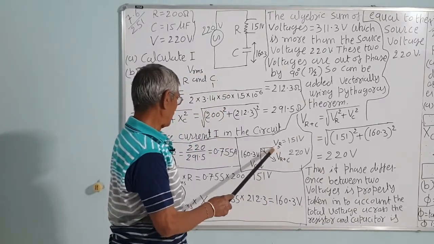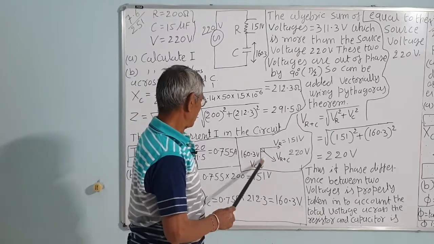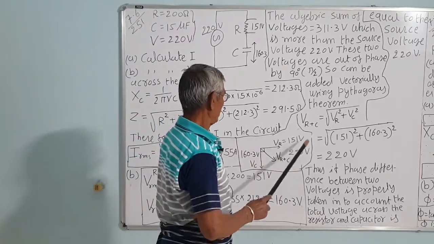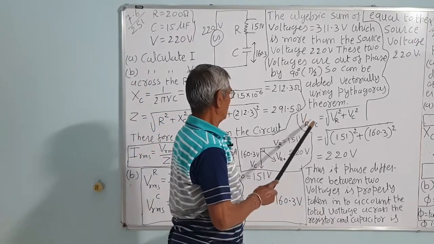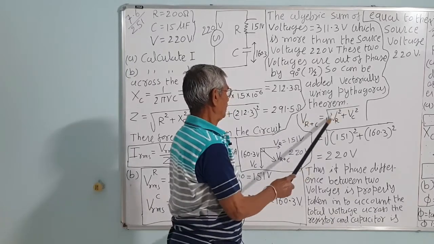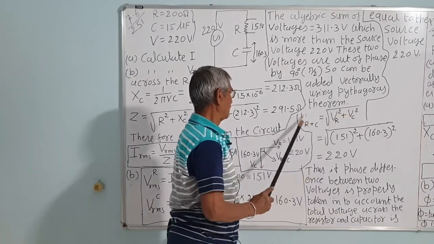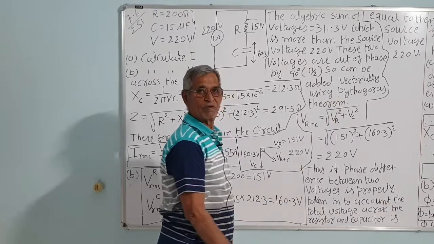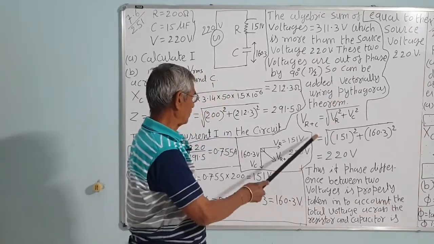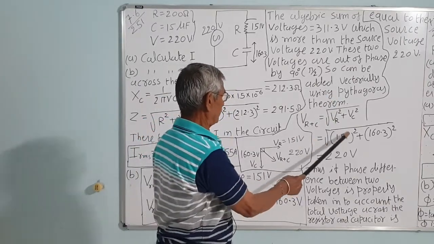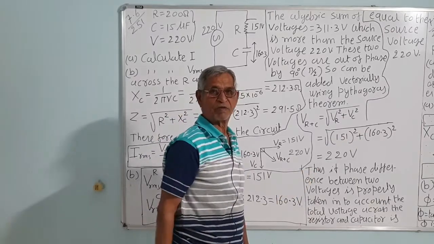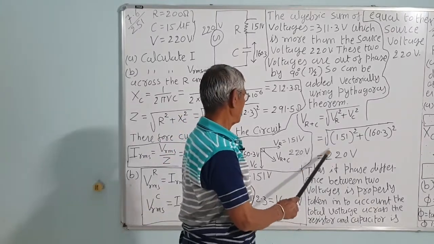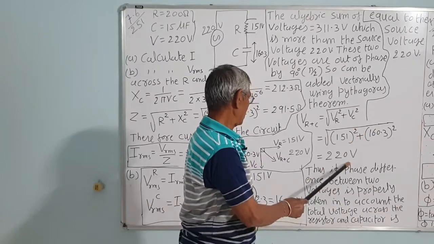VR square plus VC square is equal to VRC square. So VRC is equal to under root VR square plus VC square. Pythagoras theorem you know already, and that is equal to under root 151 square plus 160.3 square, and that is equal to 220.